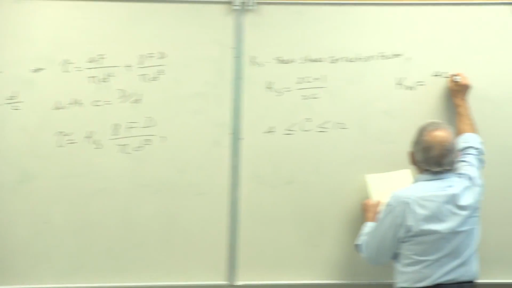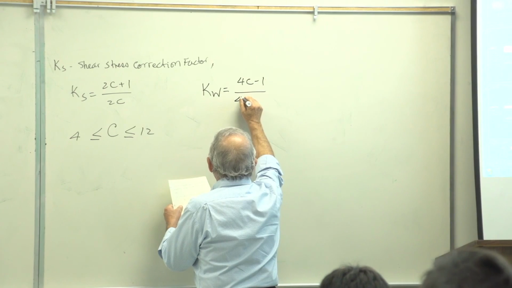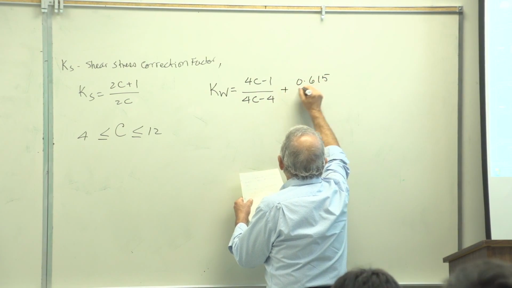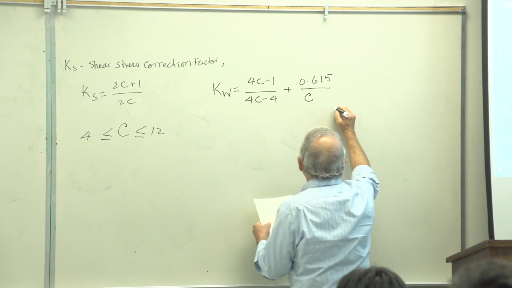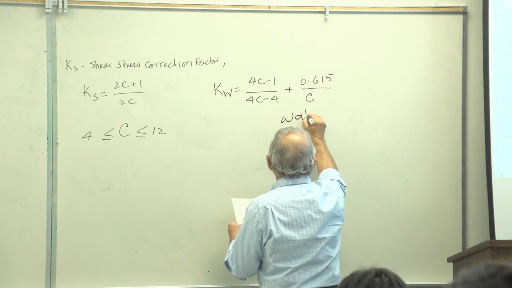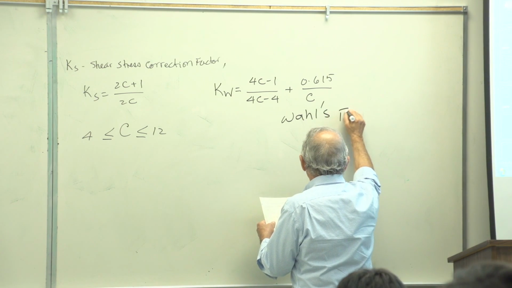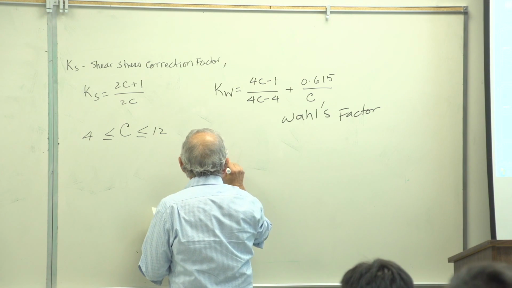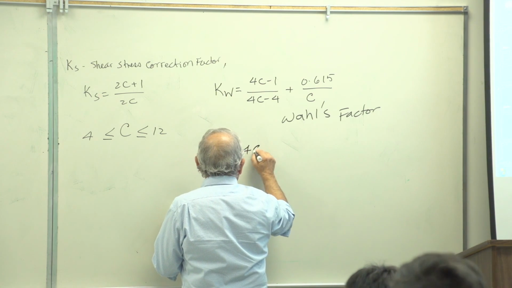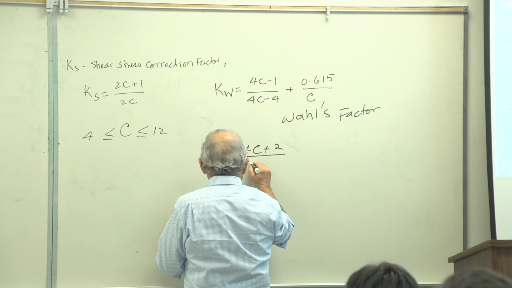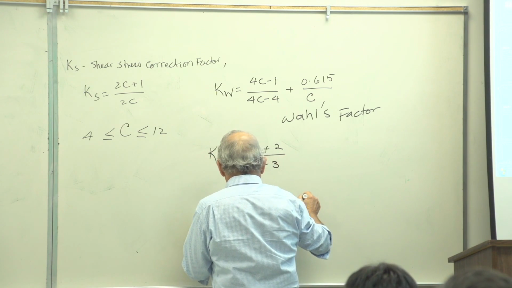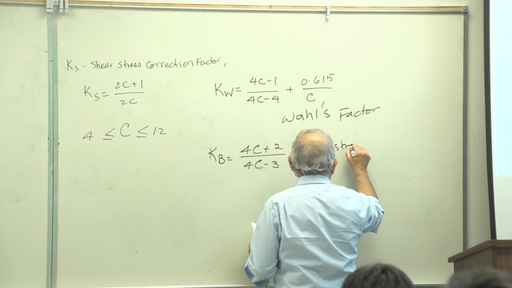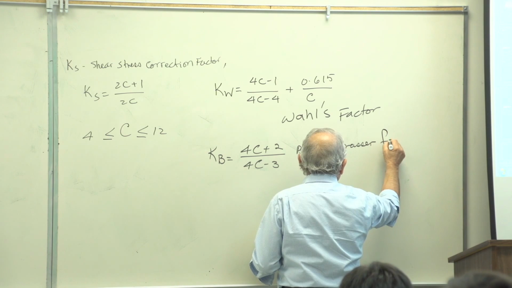Kw equals (4C minus 1) divided by (4C minus 4) plus 0.615 divided by C. This is called Wahl's factor. Or Kb equals (4C plus 2) divided by (4C minus 3). This is called Bergstrasser factor.